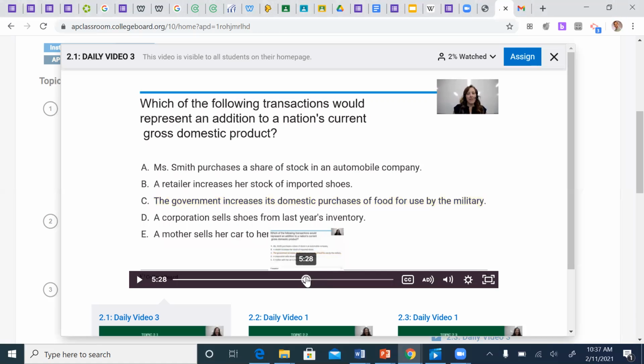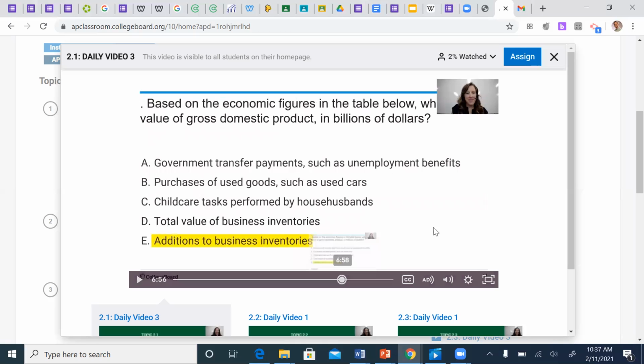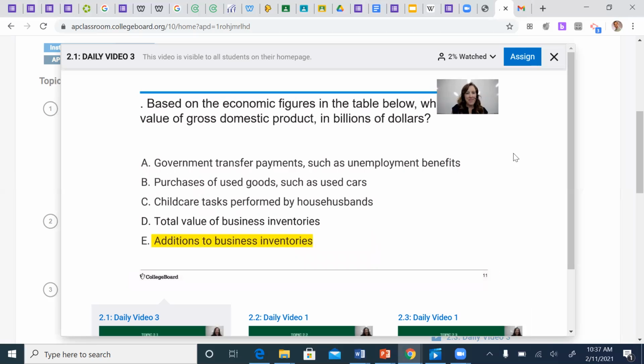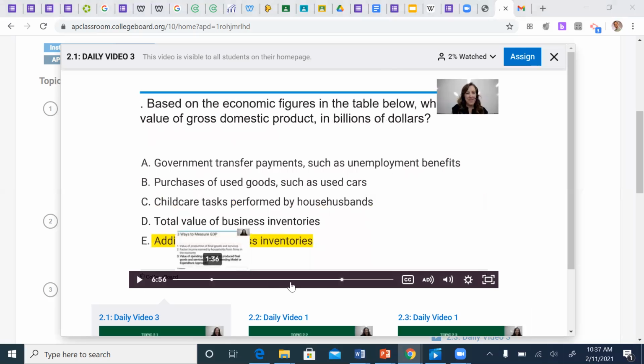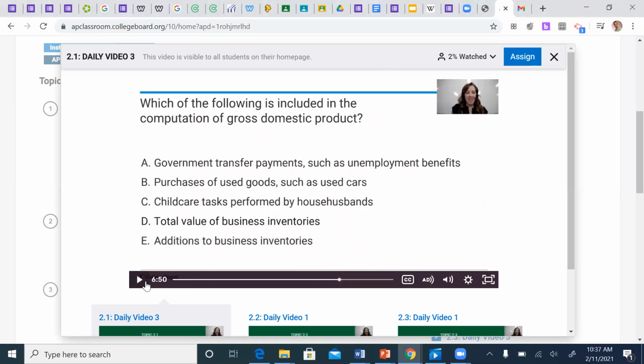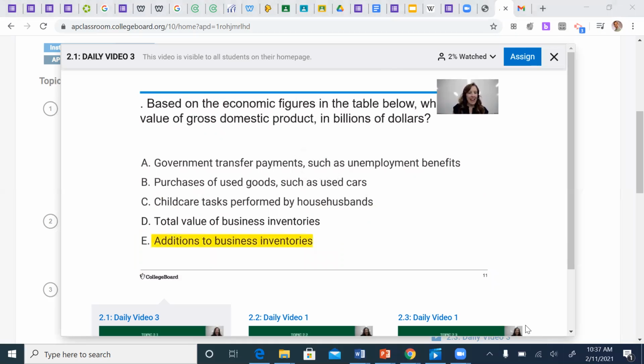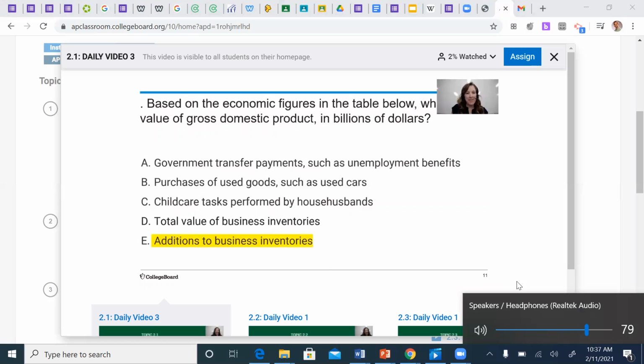The additions to business inventories. All right, I hope you answered E, addition to business inventories.